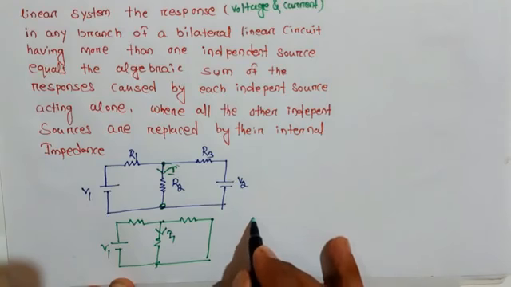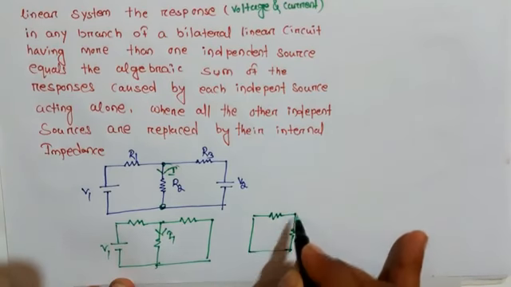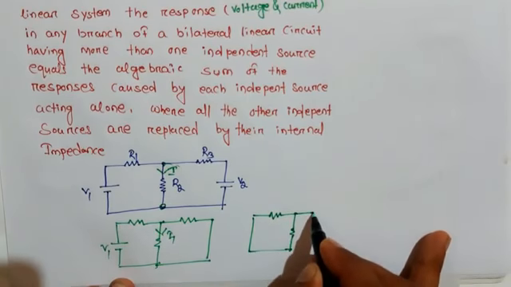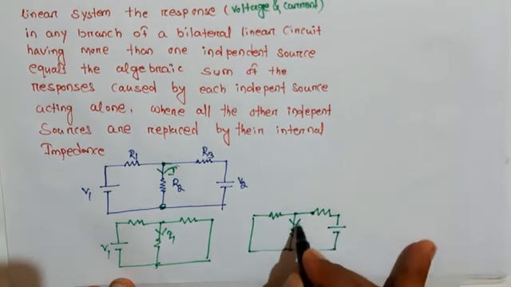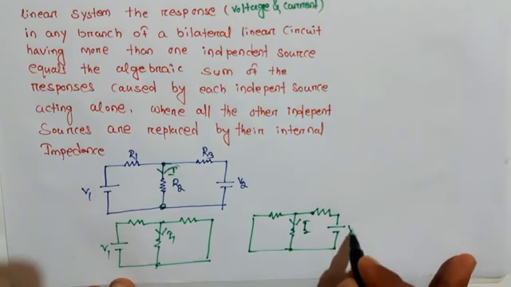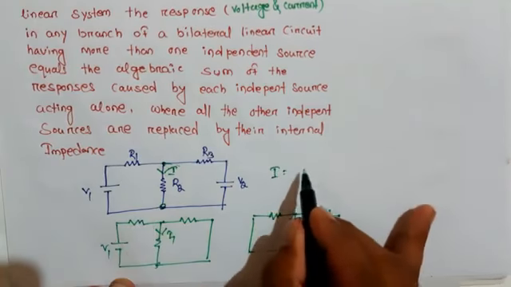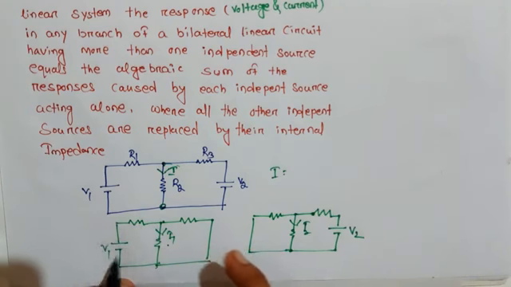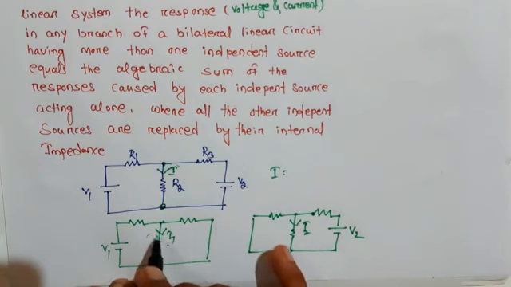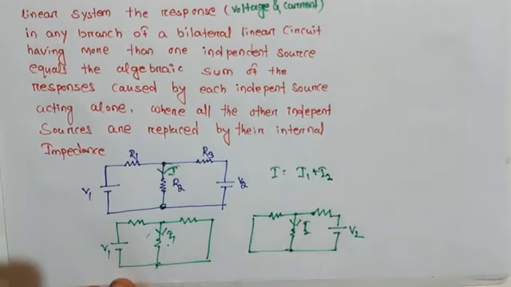Secondly, we deactivate V1 and only connect V2, let this be I2. This I is equal to the algebraic sum of I1 and I2. Algebraic sum means according to the current direction: according to this source and this source, the current will be in the same direction, so I is I1 plus I2.